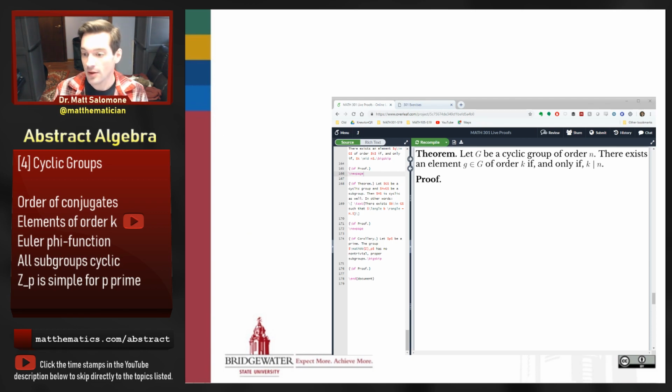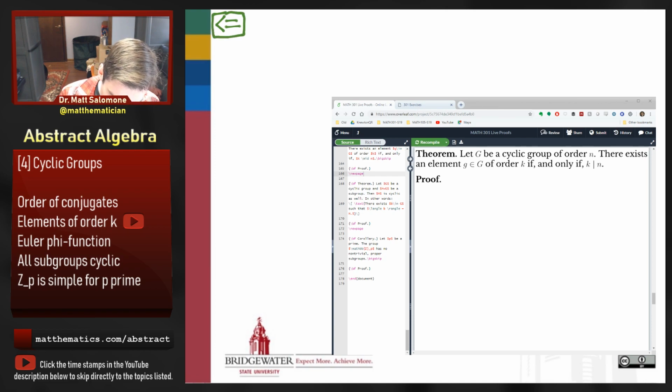Okay, so with that backdrop, let's see if we can discover a way to prove this fantastic theorem. There exists an element of order k if and only if k divides n. So I want to think about this in two ways. Since we have an if and only if statement, that means that we really have two burdens of proof.